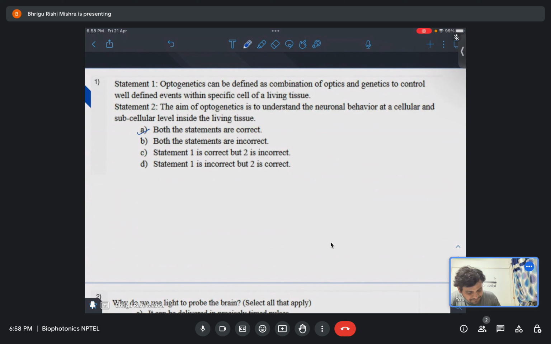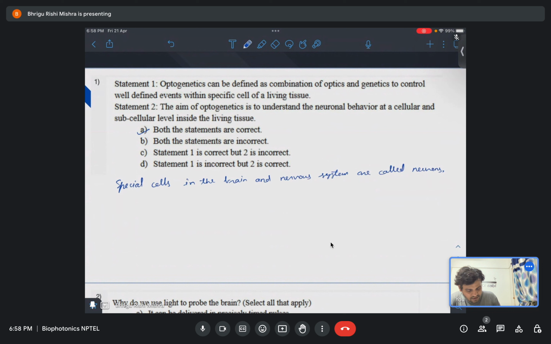Special cells in the brain and nervous system are called neurons.